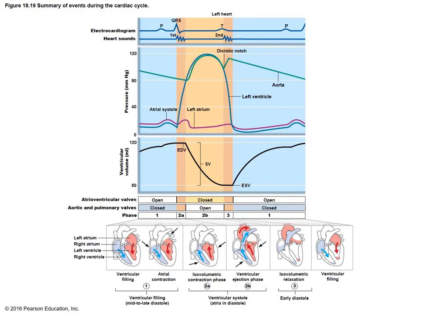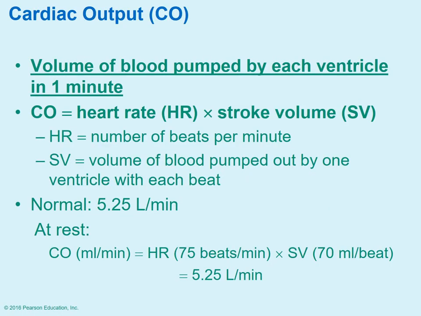There's a short time period where all 4 valves are closed. Then the AV valves open up. While they've been closed, the atria have started filling up with blood. So when they do open up, they start to fill the ventricles again. It pieces everything together. And if you take the time to sit and look at this, hopefully you can start to see how all the pieces fall into play here. Starts to make sense to you.